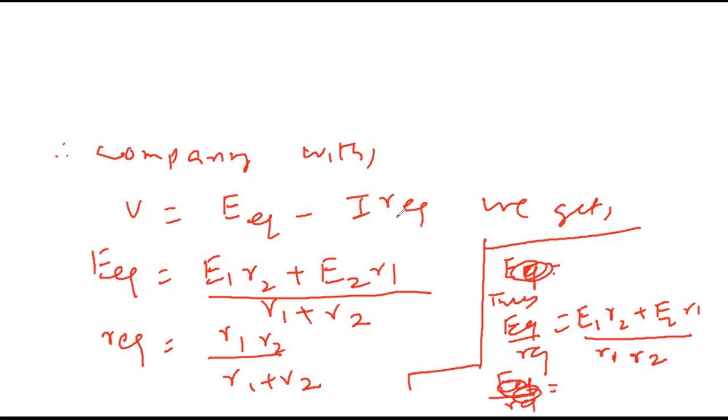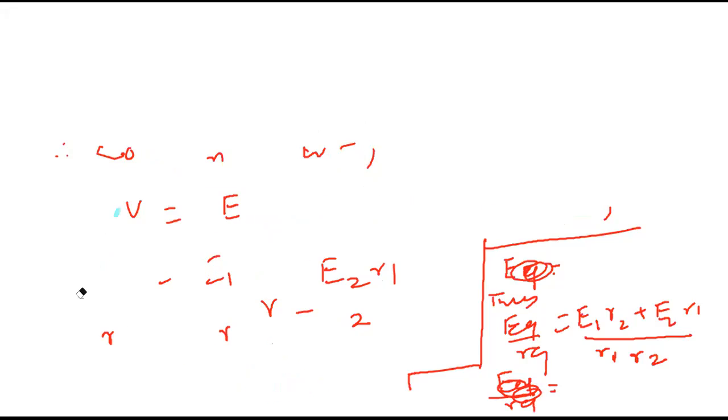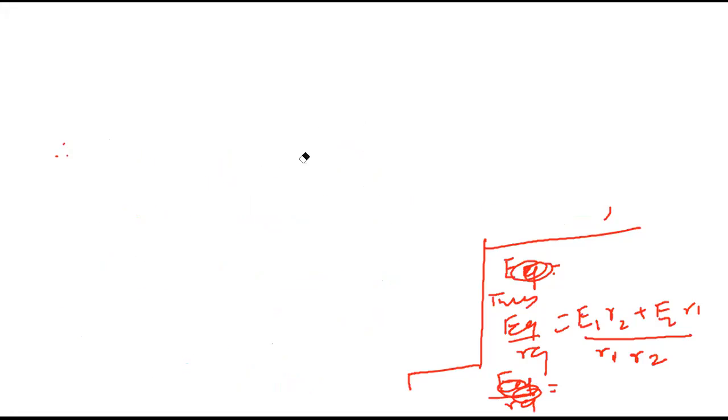So we got E equivalent, we got R equivalent. Then I divided E equivalent by R equivalent. That gives E1 R2 plus E2 R1 upon R1 into R2. Now I'm separating the numerator and denominator into two terms.